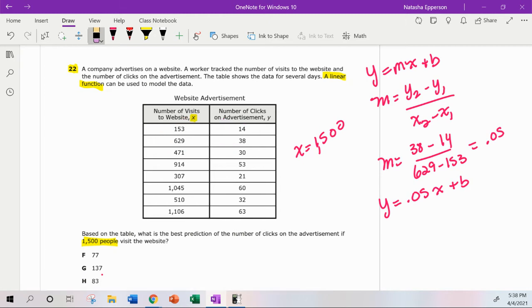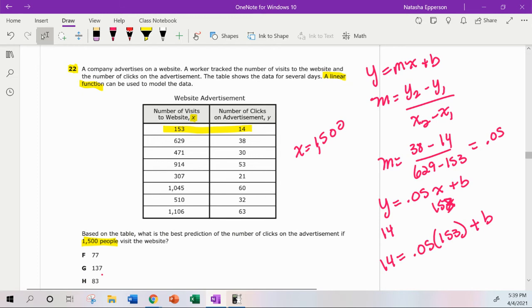The quickest way to do that is to pick one of these 2 points. I'm going to pick that one, and plug it in for x and y. So 14 in for y and 153 in for x. So this is going to be 14 equals 0.05 times 153 plus b. You could also use point slope form.